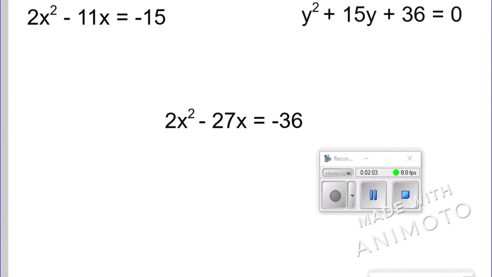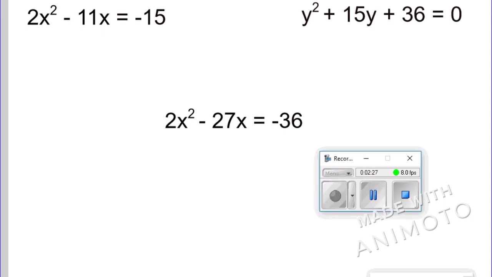We can solve them by factoring. So basically all you have to do is get your equation equal to 0 and then factor it, and then you can use your factors to find the value of your variable that makes your equation equal 0.